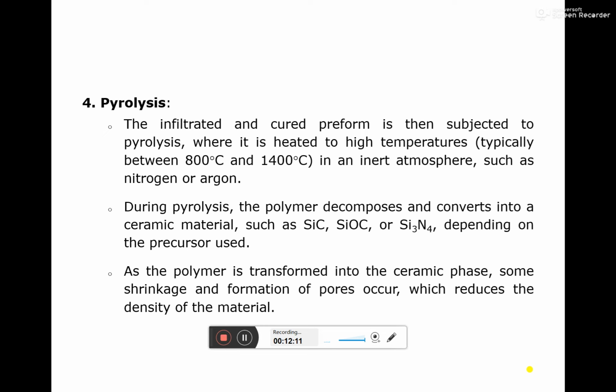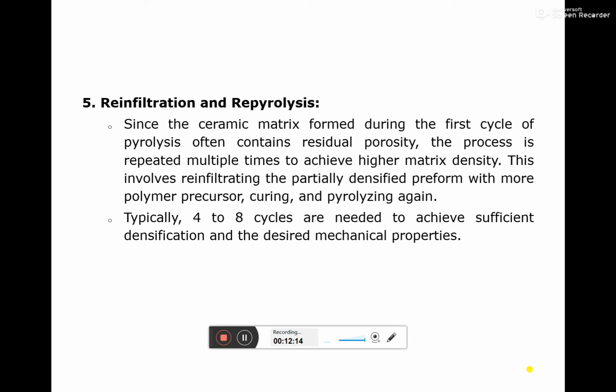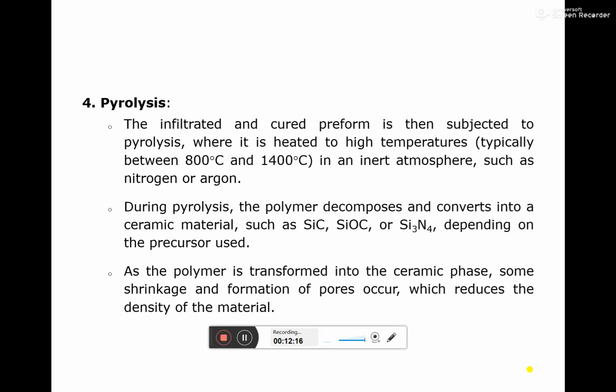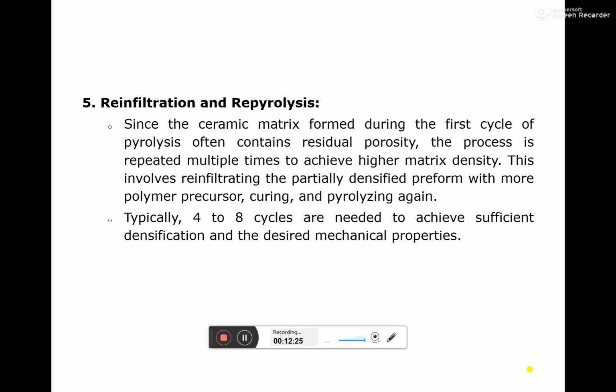Because some pores may develop or improper densification may happen, we perform the polymer infiltration and pyrolysis process as multiple cycles, to reduce porosities and avoid shrinkage.